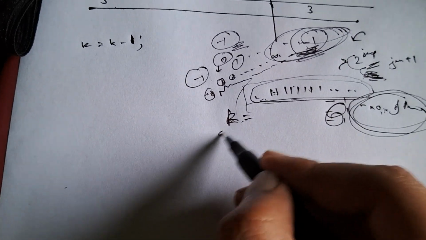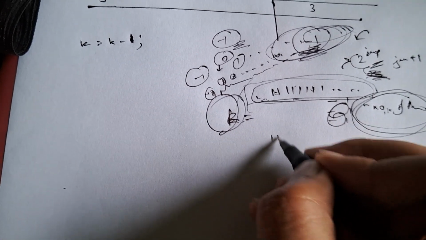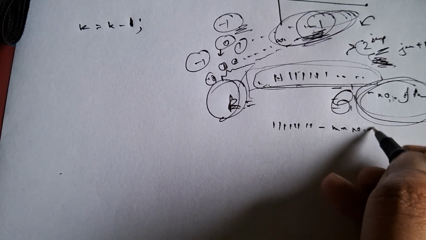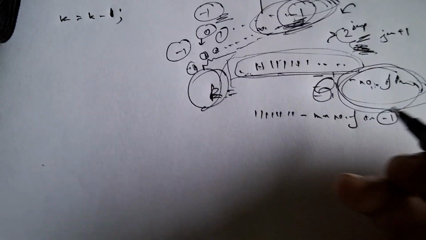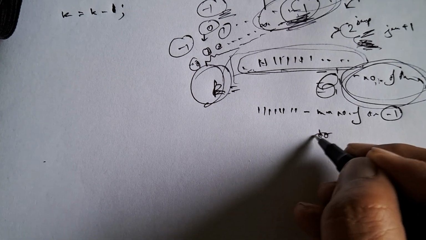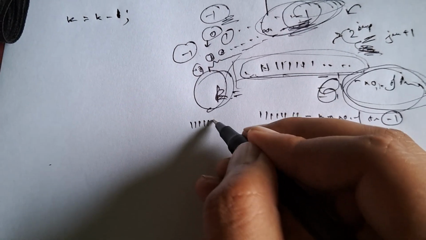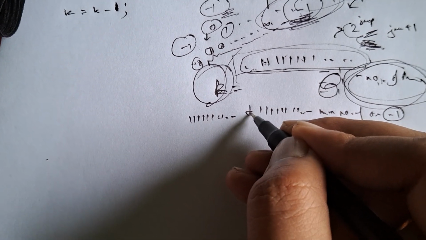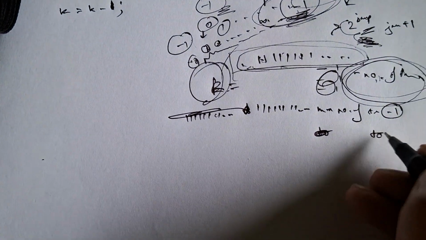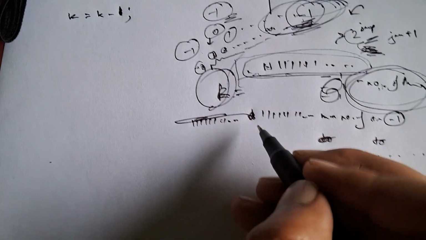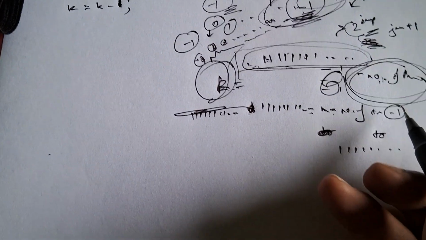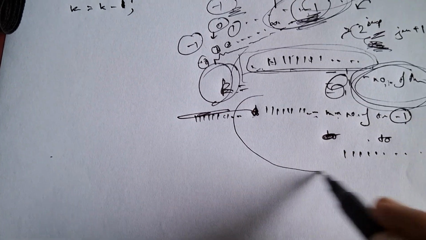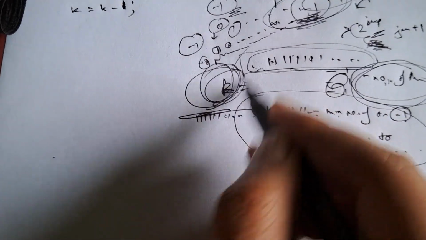So the value of k should lie between 1 1 1 1 1 1 dot dot dot minus the maximum number of times the -1 operation can be performed, to 1 1 1 1 1 1 dot dot dot itself. That is, this number minus the maximum number of times -1 can be performed, up to this number itself. So this is the range in which k should lie.